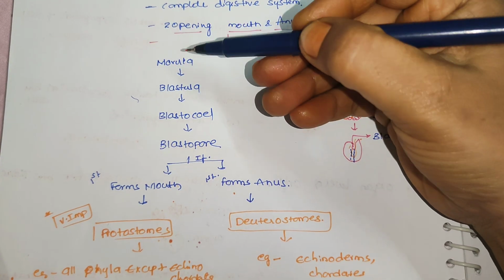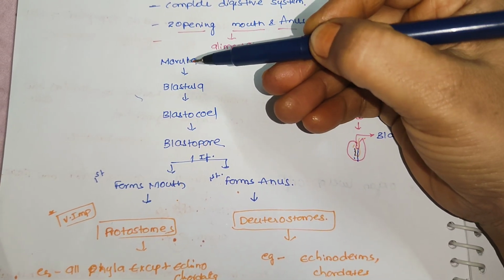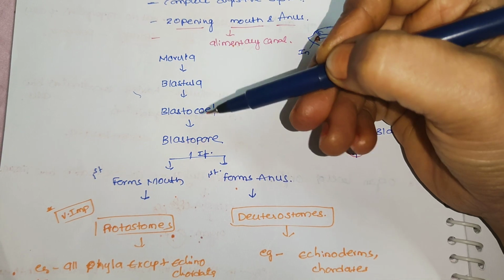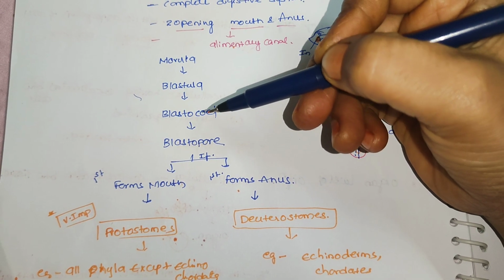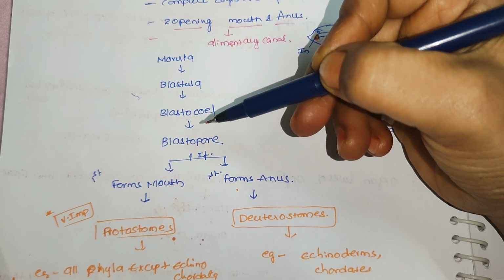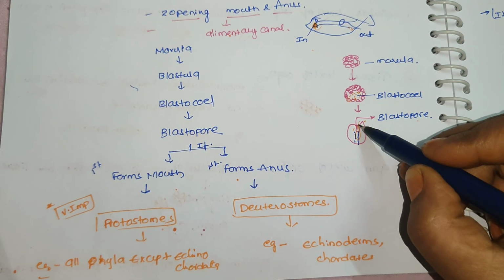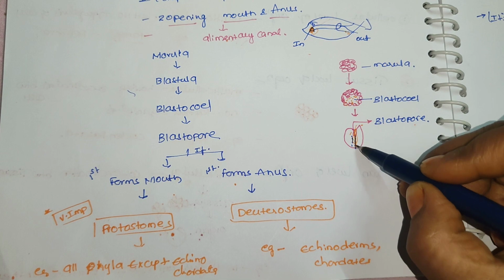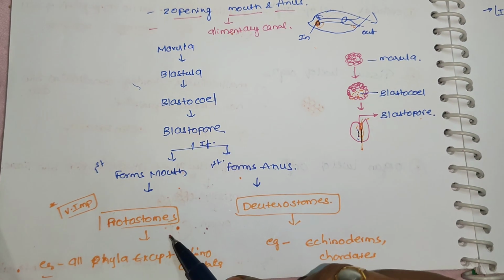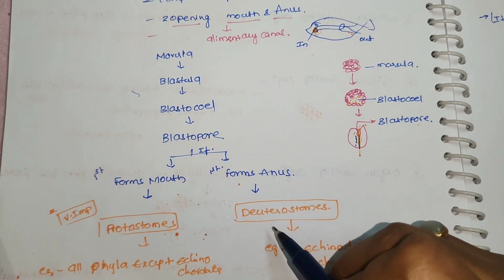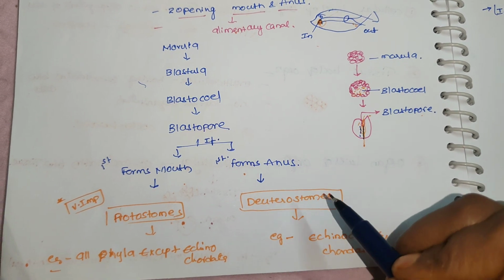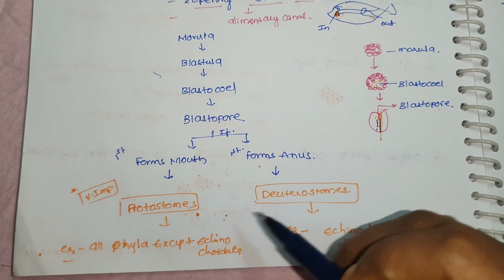After fertilization the zygote forms, then morula, blastula, then blastocoel. This invaginates to form a pore, that is the blastopore. If the blastopore forms a mouth, that is protostomes. If it forms an anus, it is called deuterostomes.